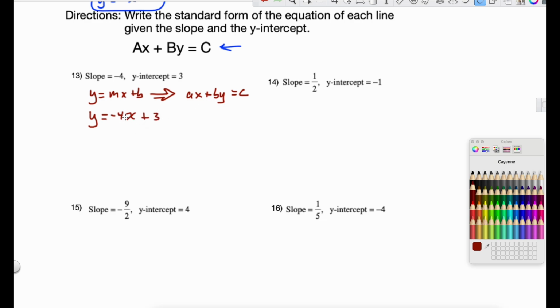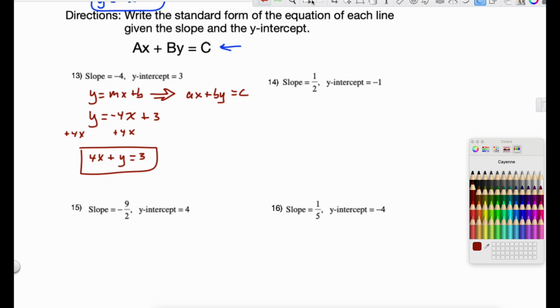And now I need to move this part over to the left by adding it to both sides. And I get 4x plus y equals 3. And yeah, there it is. Okay, so write the standard form of each equation of a line, and there it is. Yeah, done. That's all we do for that one.